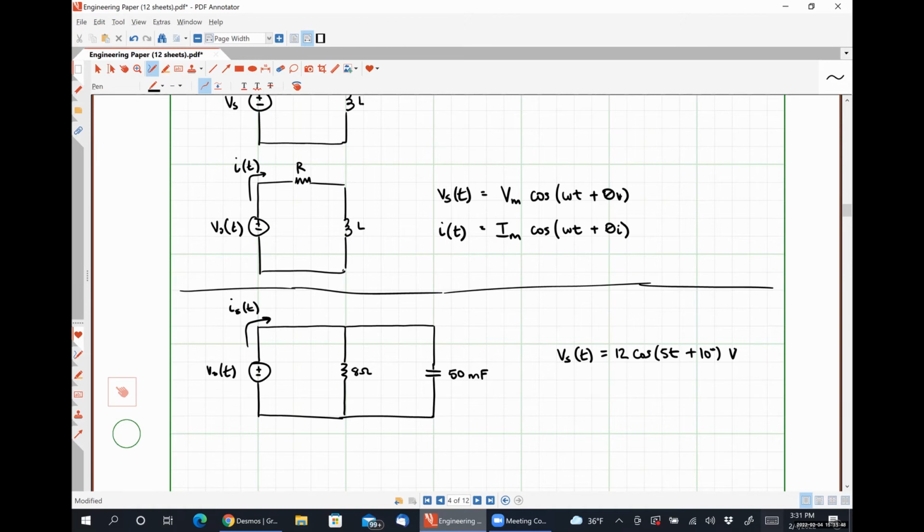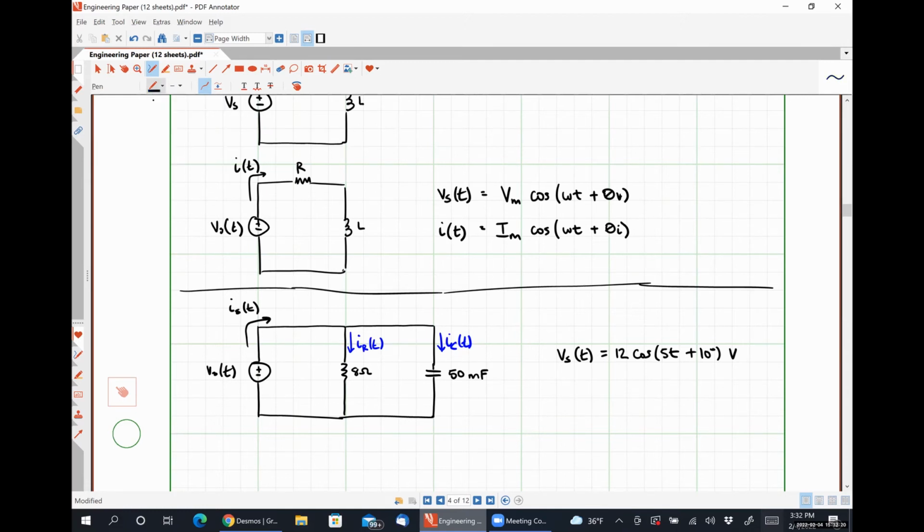So I believe that was Carter. His suggestion, I'm sorry if I'm attributing it to the wrong person, is that if we can figure out this current IR of t, and this current IC of t, Kirchhoff's current law tells us that Is of t is just IR of t plus IC of t added together.